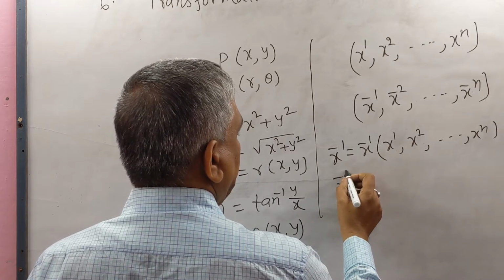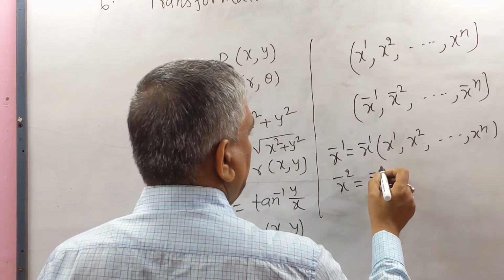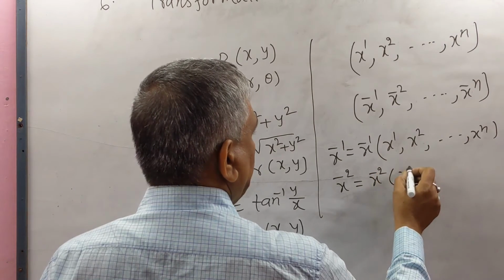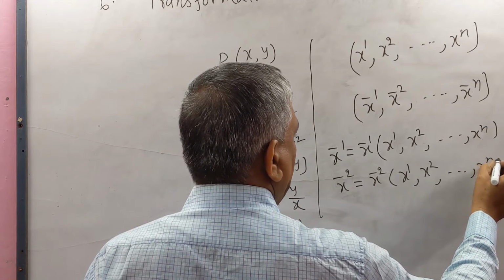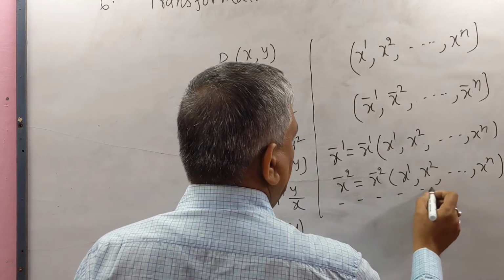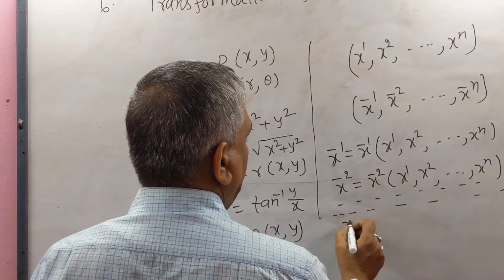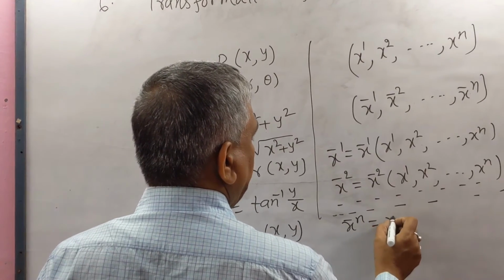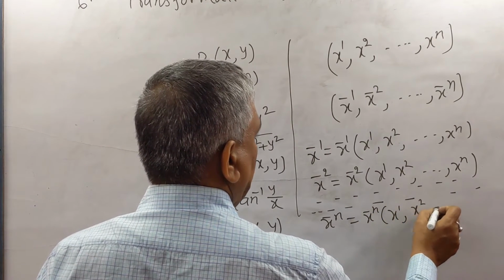Similarly, x bar 2 is a function of x1, x2, ..., xn, and in this way x bar n is a function of x1, x2, ..., xn.